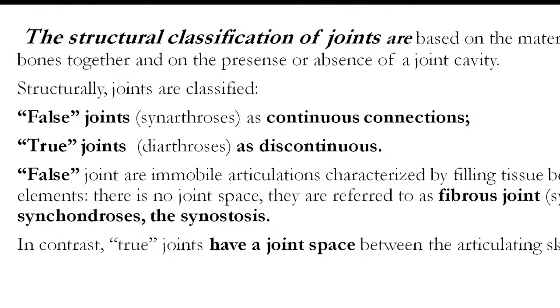There is no joint space. They are referred to as fibrous joints: the syndesmosis, the synchondrosis, the synostosis. In contrast, true joints have a joint space between the articulating skeletal elements.